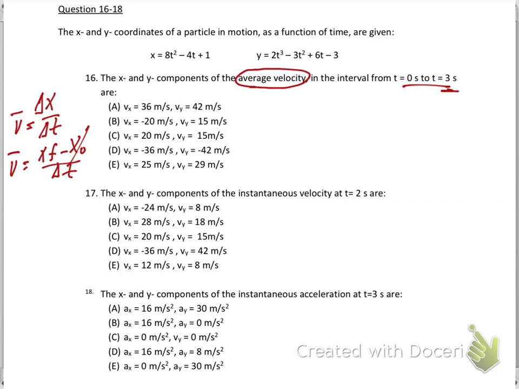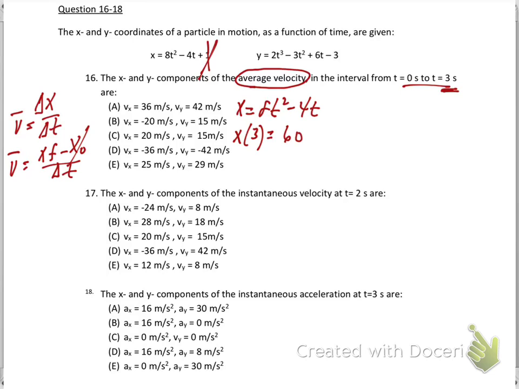For the x component, we have x equals 8t squared minus 4t. Now the 1 is a constant, so that's not going to change as the time changes. The constant does not affect the average velocity here. So x at 3 seconds, we plug 3 in for each of those t's, and we get 60 meters.